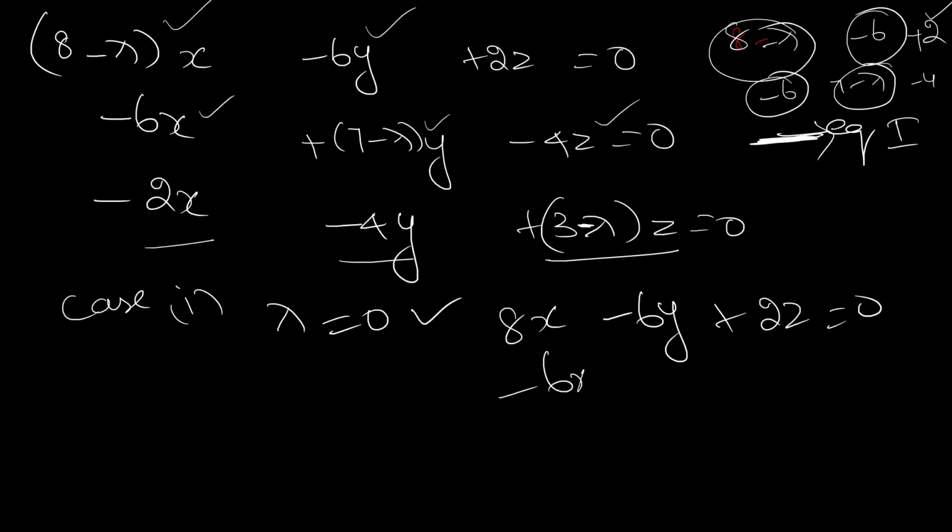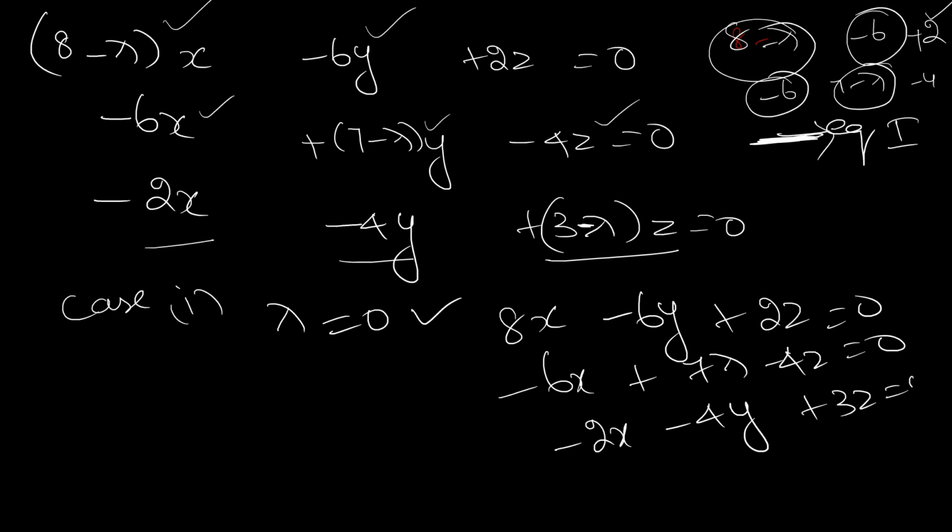Second equation, minus 6x plus 7y minus 4z is equal to 0. Third equation, minus 2x minus 4y plus 3z is equal to 0. We are going to solve these and we will find the x values, right? So this is your corresponding eigenvector for the value lambda is equal to 0.